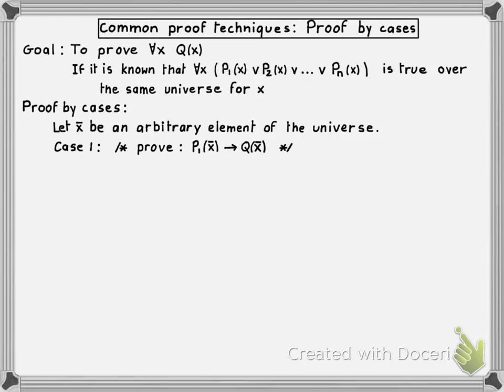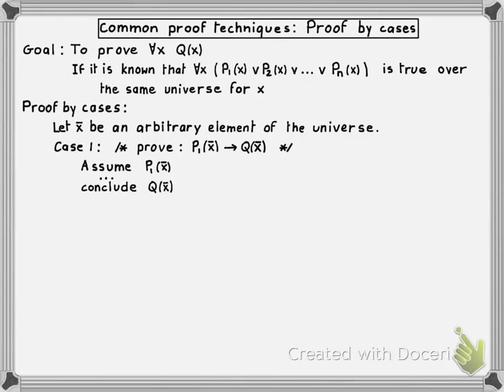p1 of x bar is true, since now we're taking a specific but unknown element of the universe x bar. Assuming p1 of x bar, we must be able to prove q of x bar. So this subproof number 1 starts with the assumption that we need, and then proceeds to eventually prove that q of x bar holds in this case.